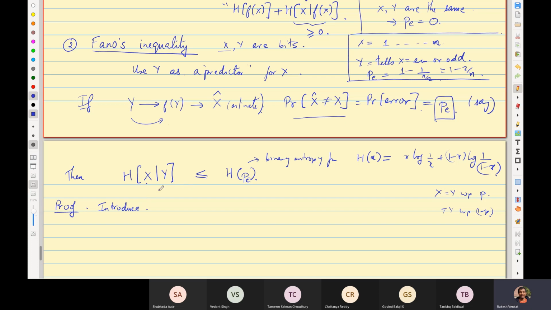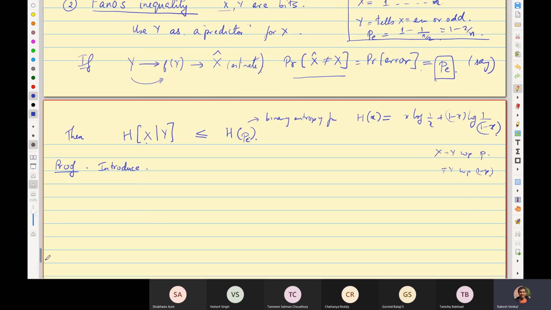And if X is predicted from Y with very good probability, in fact, look at the boundary case when they're exactly equal, then the entropy of X given Y is equal to 0, and the error probability is 0 in the extreme case. So this is quite an intuitive lemma.